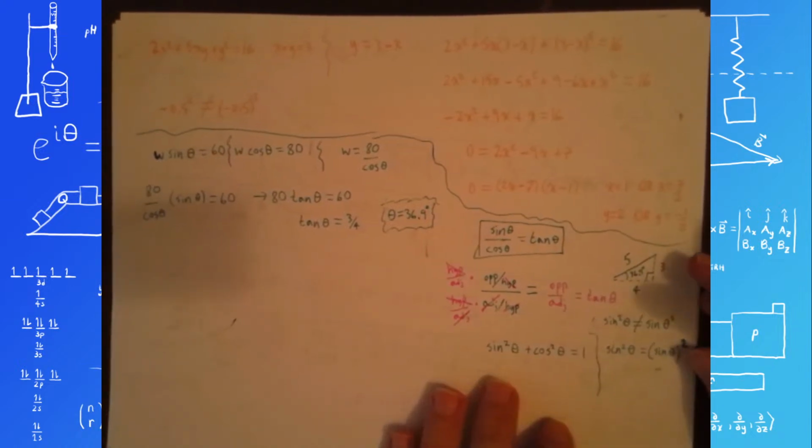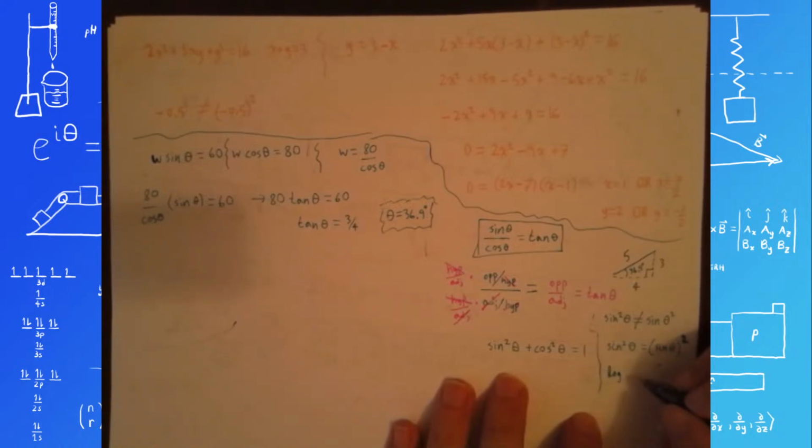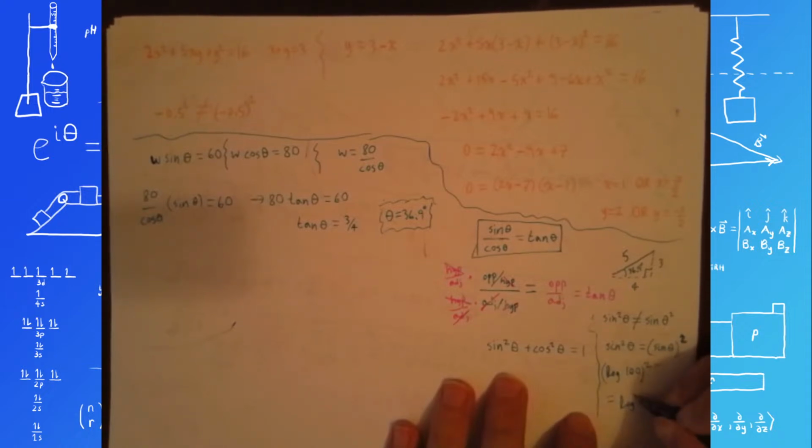Another example would be the logarithmic functions. You've probably done logarithms in your algebra class. If I did something like log of 100 and I wanted to square that, I could write it as log of 100 and then squared, or I could also write it as log squared of 100.